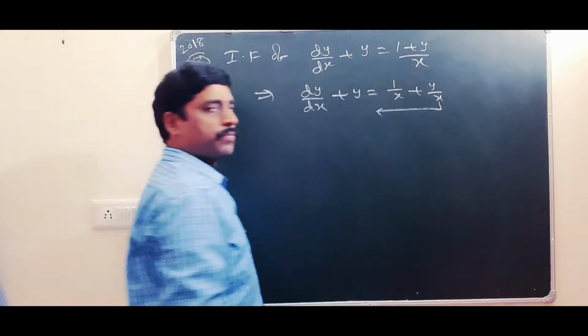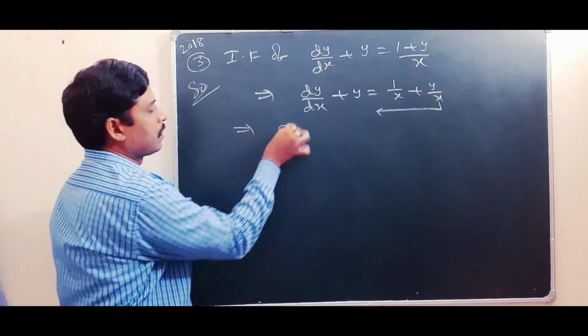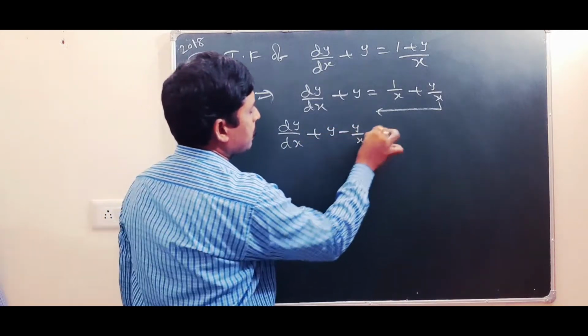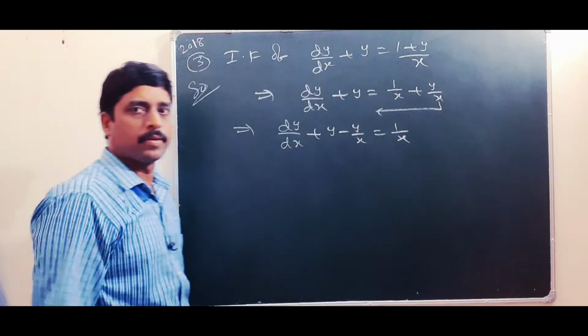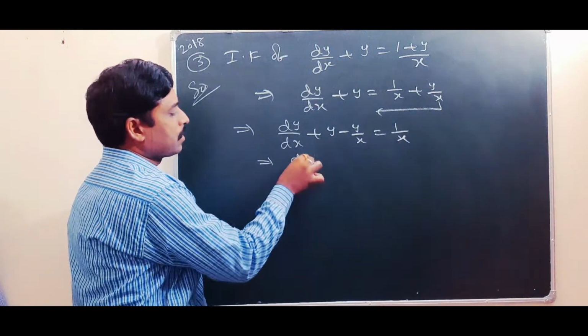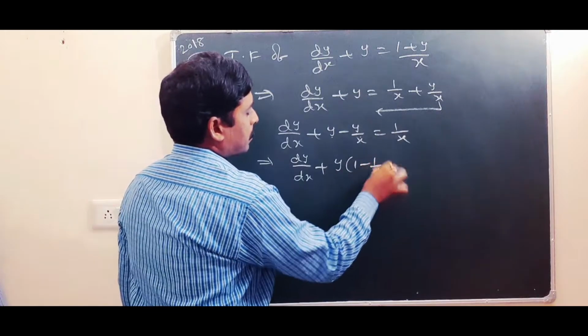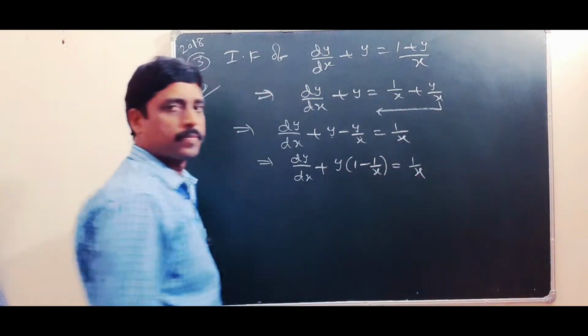Bring y/x to the left side. It is going to be dy/dx plus y minus y/x is equal to 1/x. So in dy/dx, take y common: (1 minus 1/x) y is equal to 1/x.